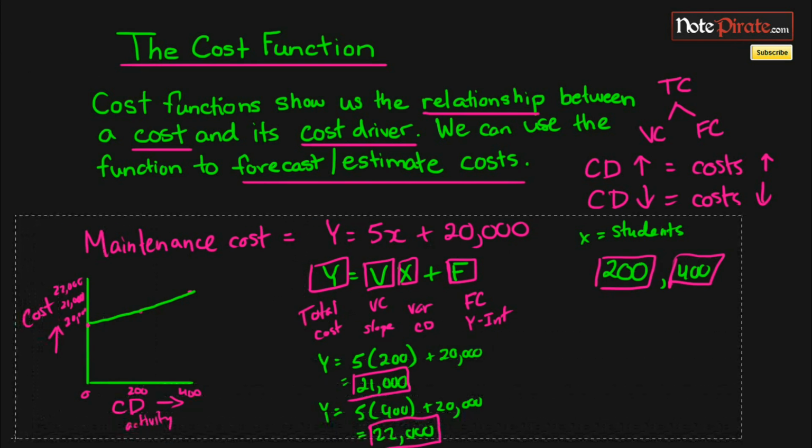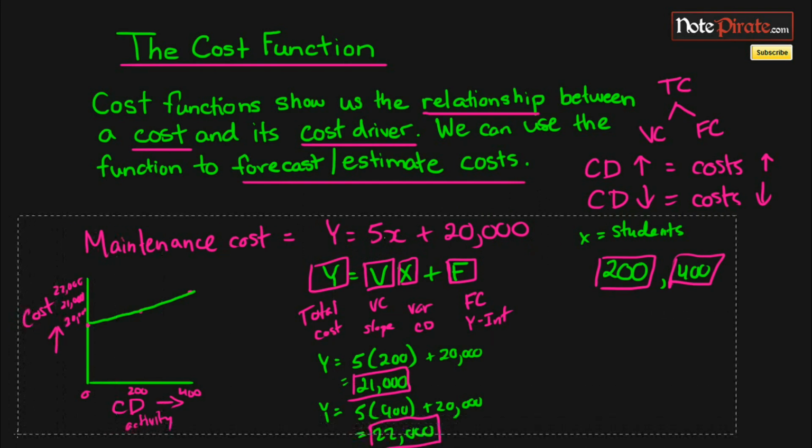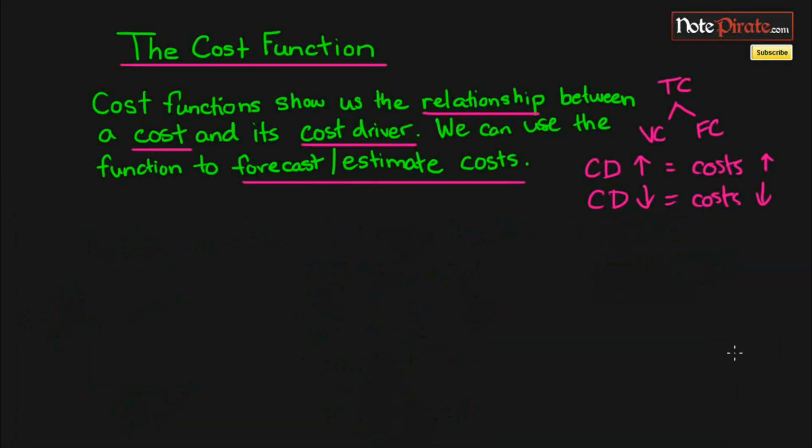But the thing is, I gave you a cost function where the variable cost and the fixed costs were already known. What if we just had total costs? Because normally you're not going to know the variable and the fixed costs, you're just going to know the totals, the total historical costs.